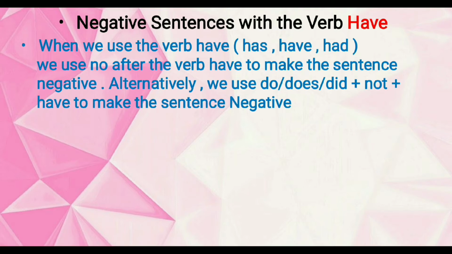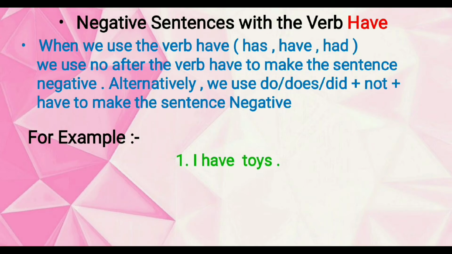But in this type of sentence, whenever has and have are used as a main verb, we use no with them, and whenever they are the helping verb in the sentence, we use not with them. So let's see the example and get clarity. First is I have toys. So I have toys represents have as a main verb. So we use no here: I have no toys.